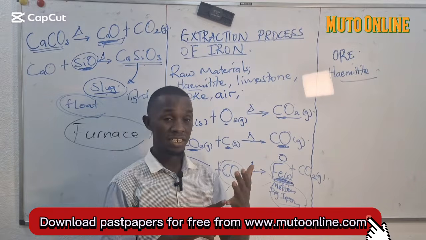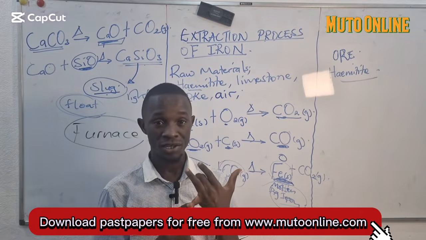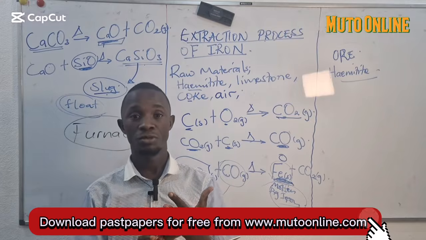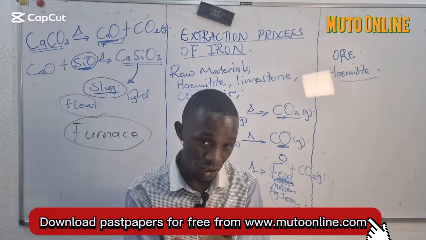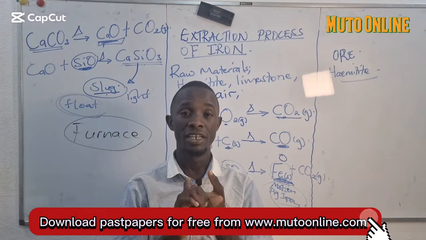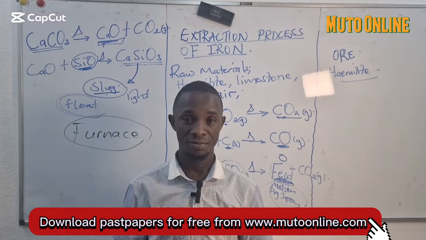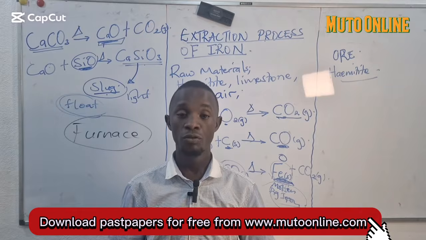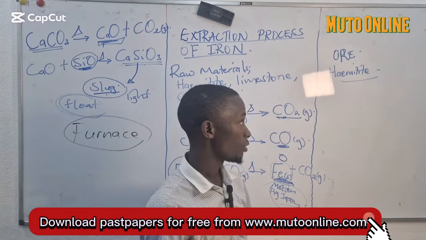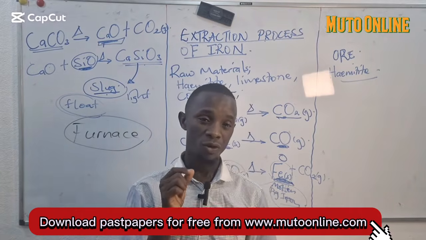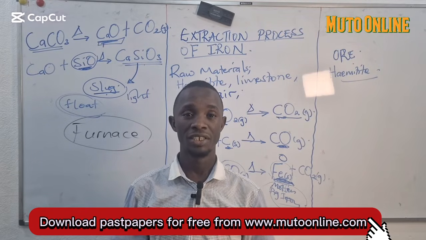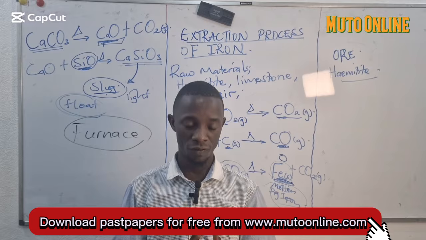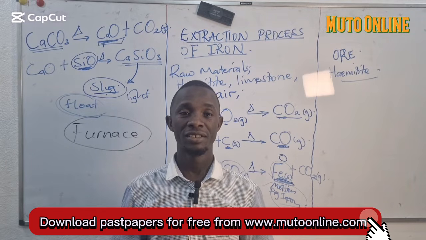So don't forget, we have to mention the raw materials, the process of production, side effects and mitigation of the process of production, and the social benefits. We have not to forget that in the process of production, don't forget to mention the vessel where the process takes place, the purification, if any.